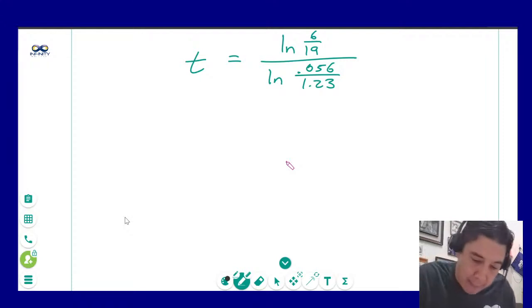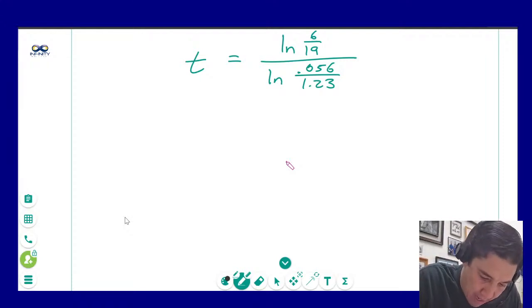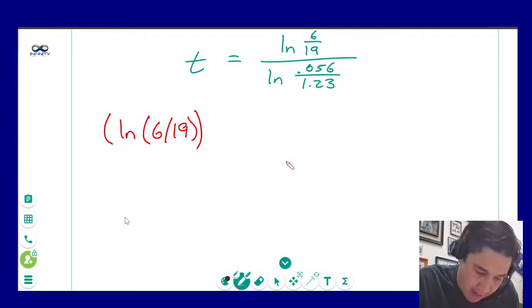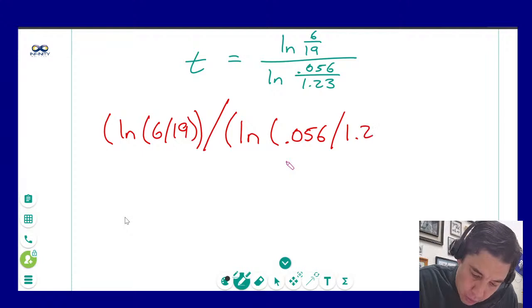So what I'm going to type in is parenthesis ln of parenthesis 6 divided by 19 end parenthesis divided by parenthesis ln parenthesis 0.056 divided by 1.23 end parenthesis.